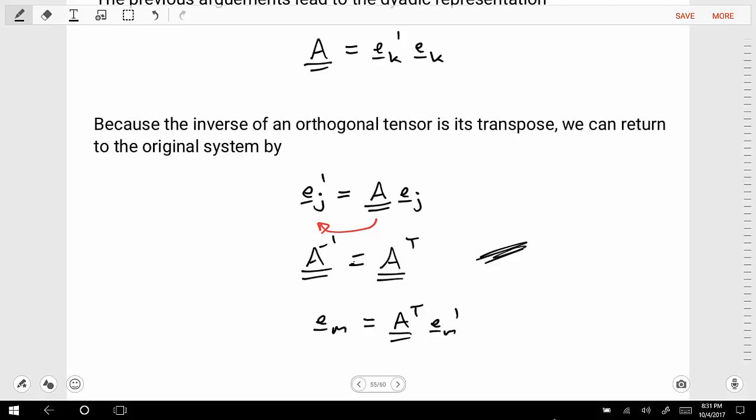So it actually shows us how to reverse the process, how to go from our original coordinate system to a new coordinate system, and how to go from our new coordinate system back to our original coordinate system.